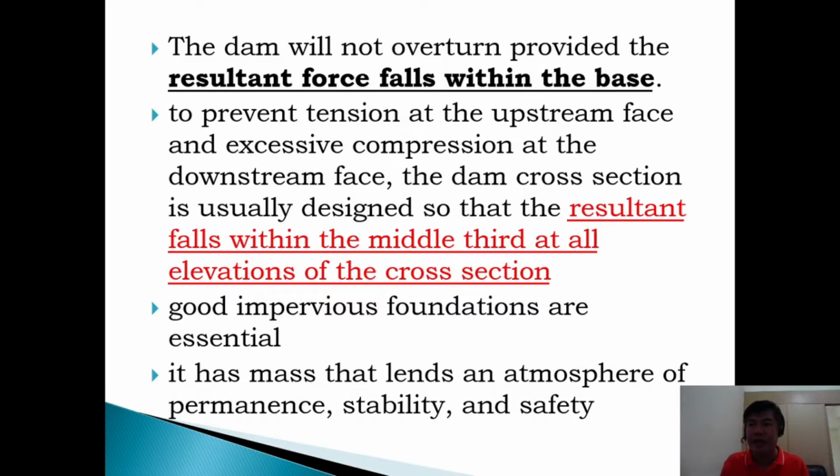The best location of the resultant would be at the middle point of the base, but that is very difficult, especially when you are changing the dimensions of your dam. So the best way is just to locate it within the middle third.